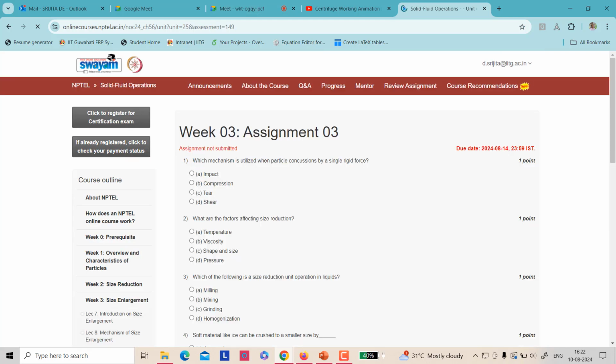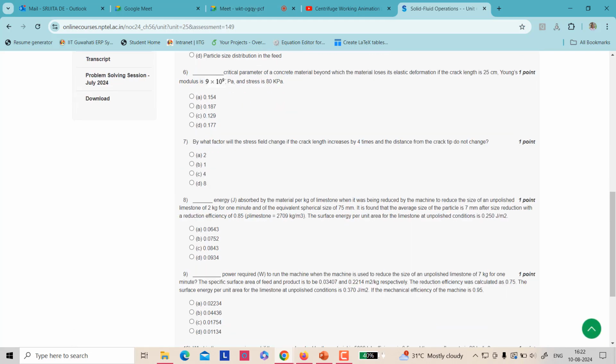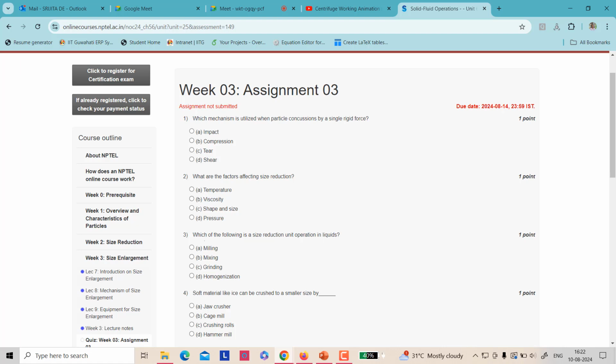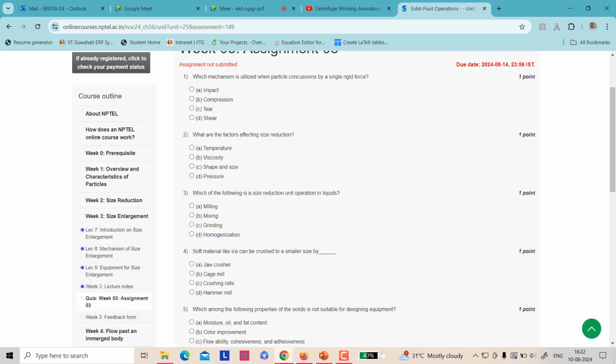Yes. Now tell me which question. Question 1, the answer is impact. Second question, the answer is shape and size. These two questions are from the previous assignment. And the third one is: which of the following is a size reduction unit operation in liquids?